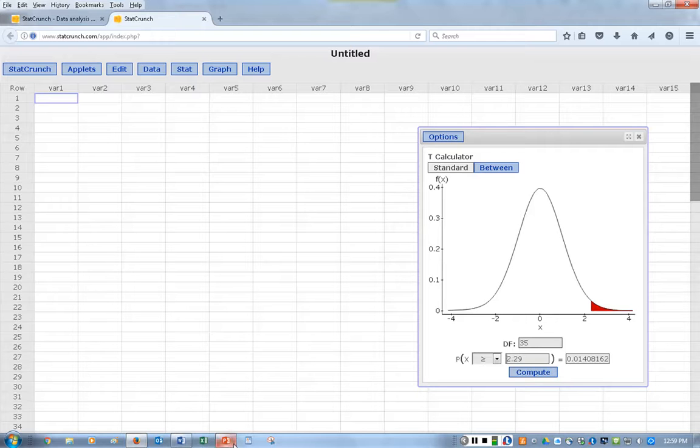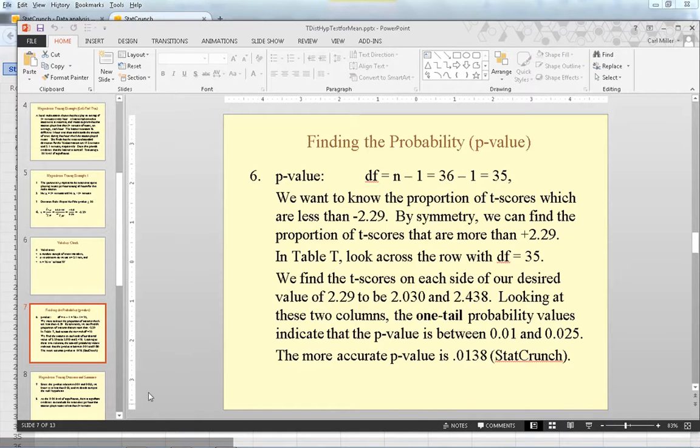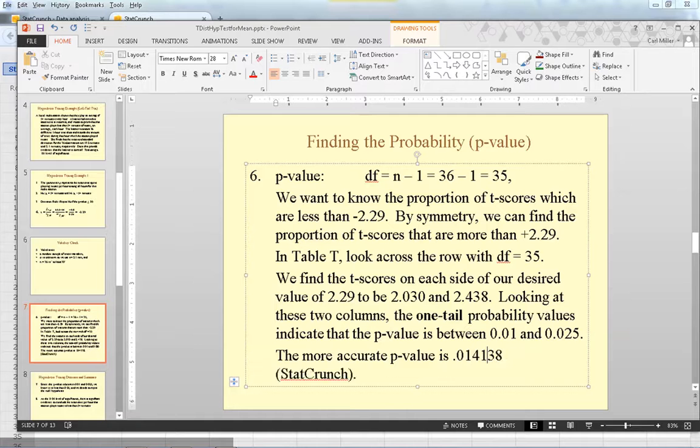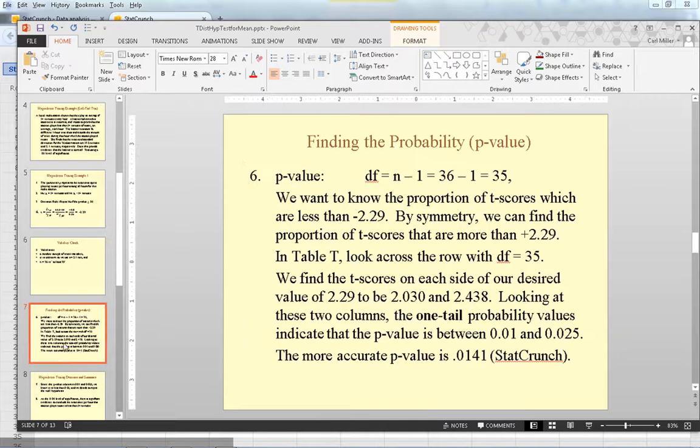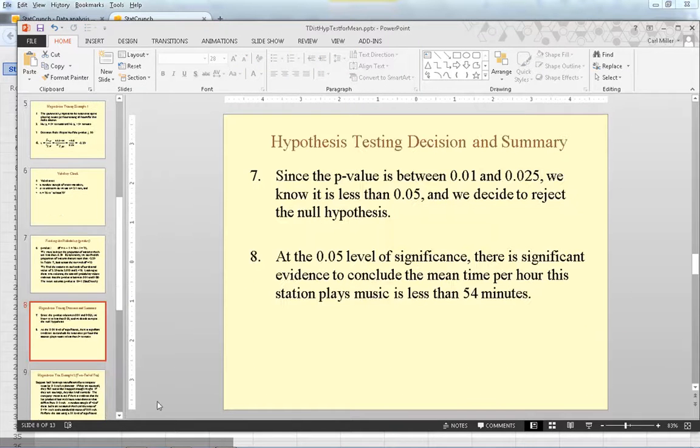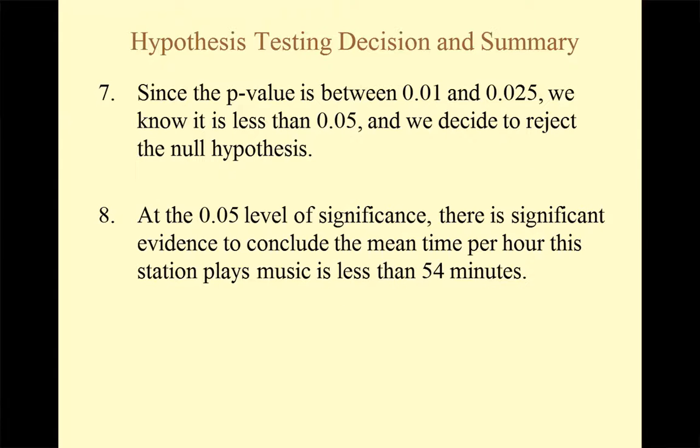So let's go back into PowerPoint now. And I can change this to 0.0141. So the p-value I know either from the table is between 0.01 and 0.025, or I know it's about 0.0141. Either way, I know it's less than 0.05 because any number between these two has to be less than 0.05.